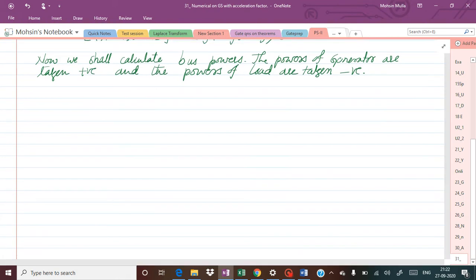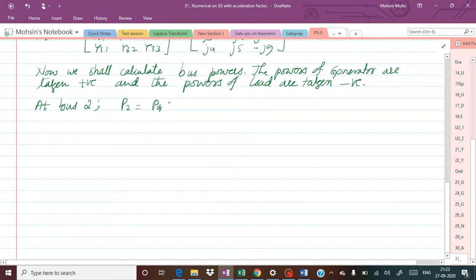Therefore at bus 2, the power will be indicated as P2, and here there is a generator as well as a load, so I will write it as Pg minus PL.